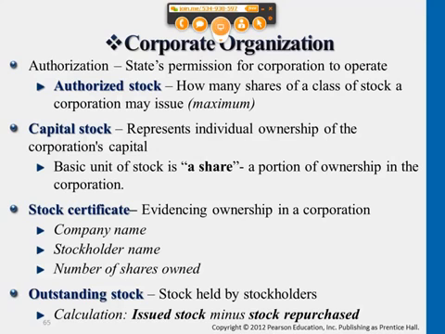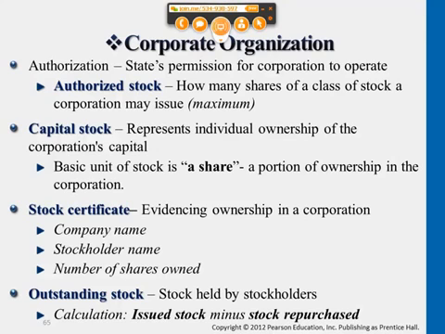In the beginning, when any company is incorporated, they have to file the articles of incorporation with the state, and then the state will authorize the number of shares and the classes of stock that the company is able to issue to the public. Authorization of stock: in each and every problem, you'll be given the maximum number of shares that the company is able to issue to the public.